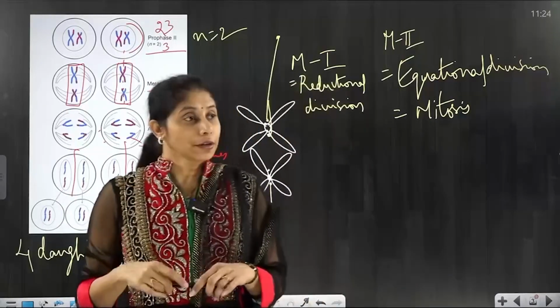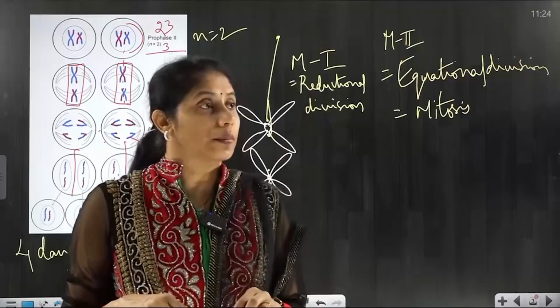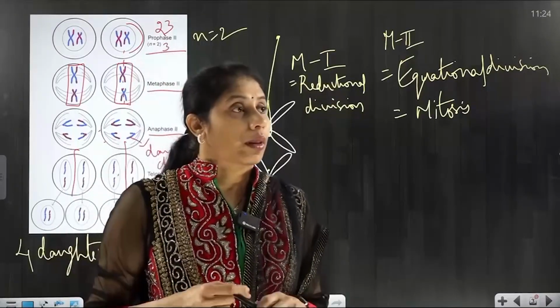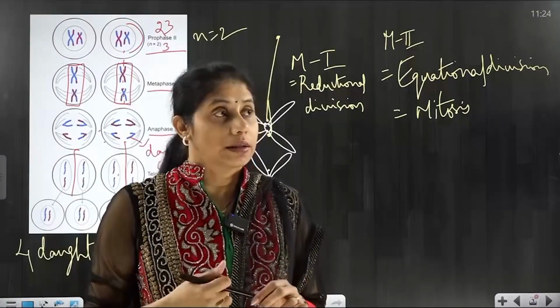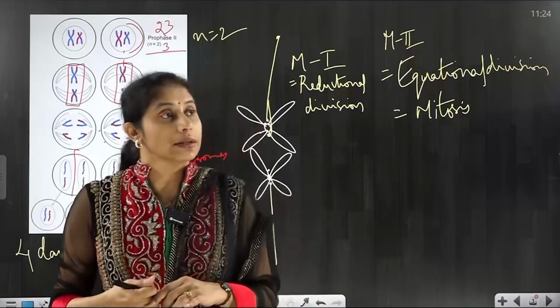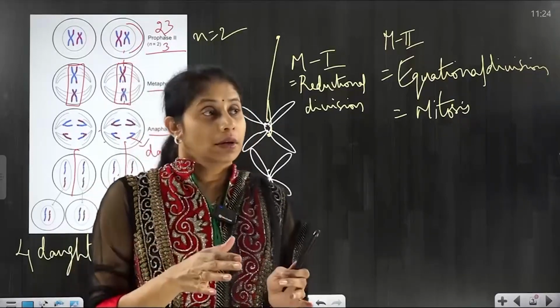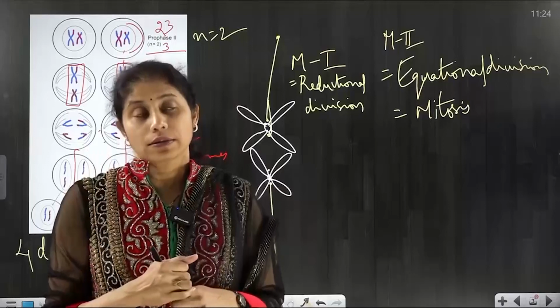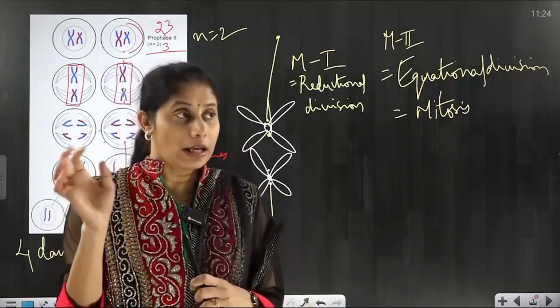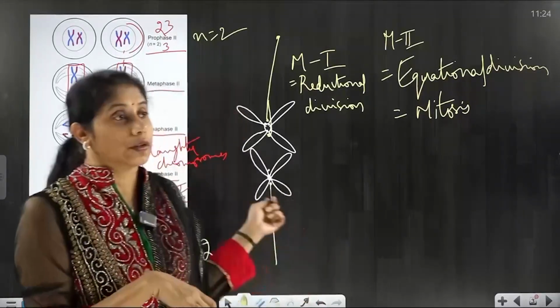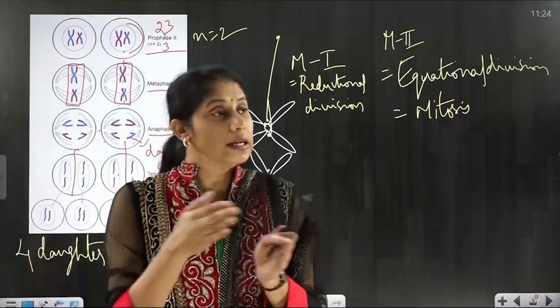I hope all of you understood. Mitosis is nothing but formation of 2 daughter cells which are identical in all aspects. That's what is going to happen in meiosis 2. So meiosis 2 is equal to mitosis.